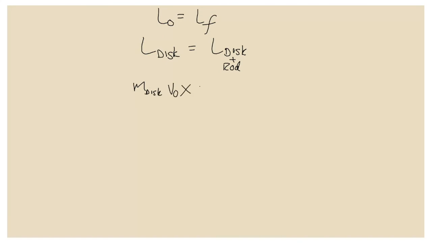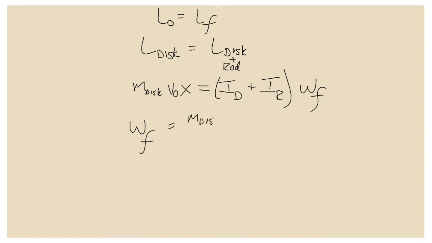And the angular momentum of the disk and the rod, it's important to realize, is going to be the rotational inertia of the disk plus the rotational inertia of the rod times omega final. And so notice here, to solve this for omega final, all I have to do is divide by the sum of their rotational inertia. So I have the mass of the disk, v naught, x, and then over the sum of their rotational inertias, disk plus rod.